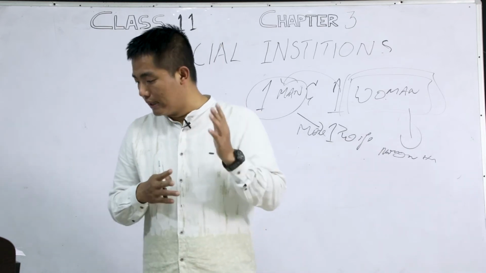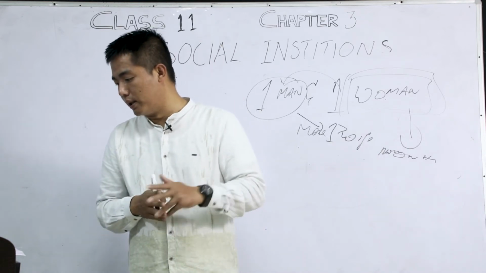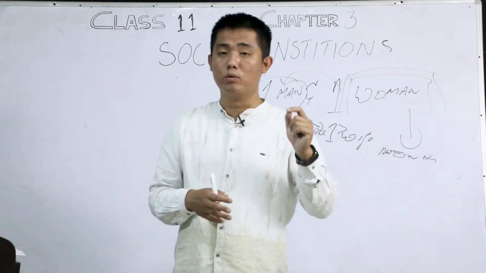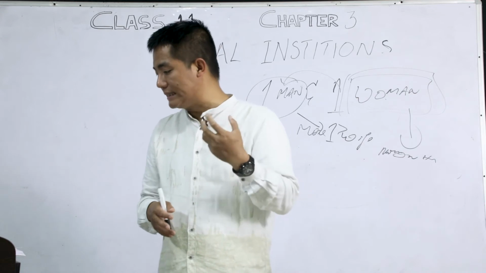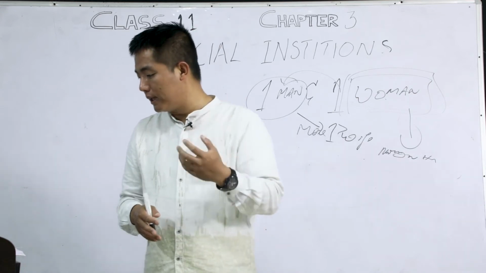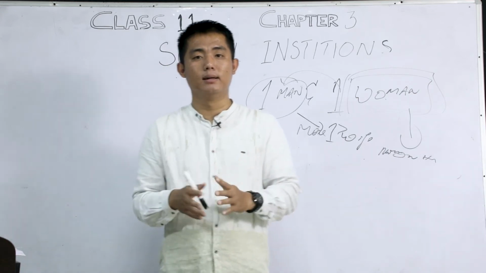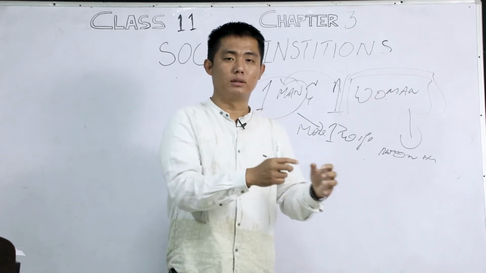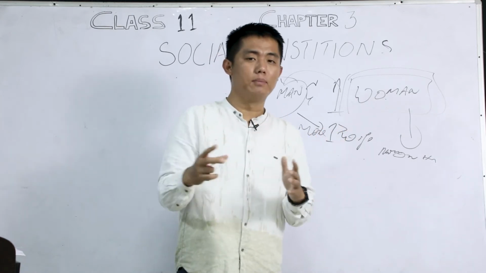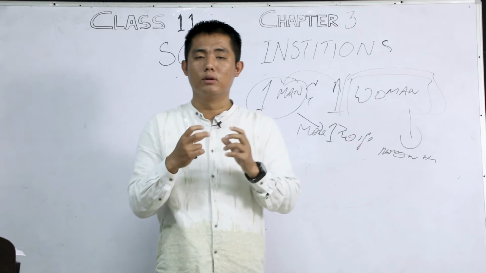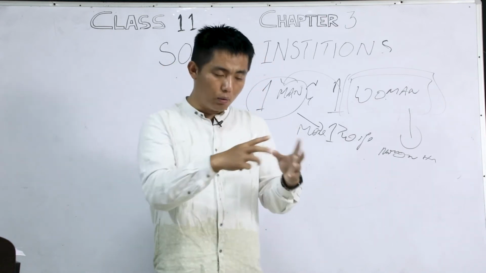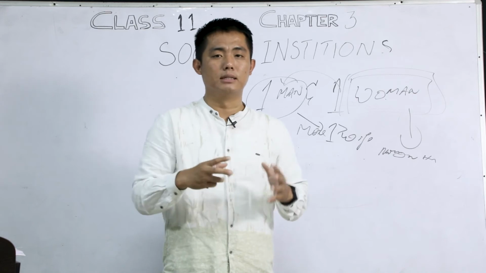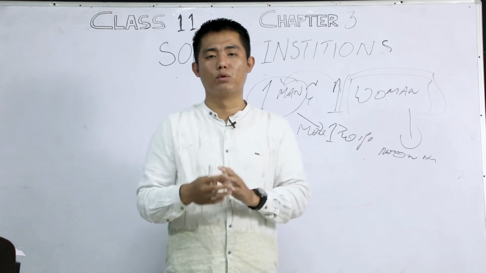The next one is called non-sororal. If a man is married to two or more wives who are not sisters, that is called non-sororal. In sororal, they are all sisters. In non-sororal, you are marrying more than one wife, but they are not sisters.